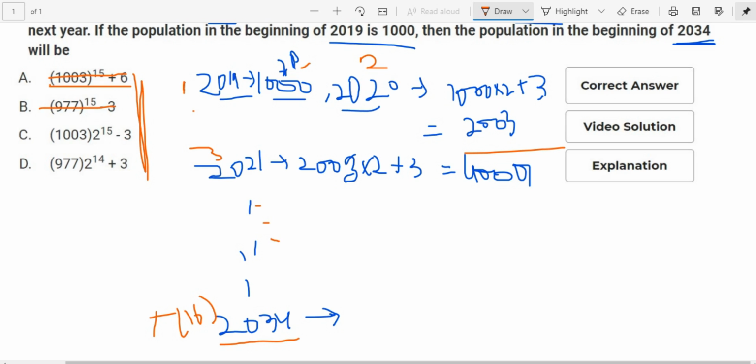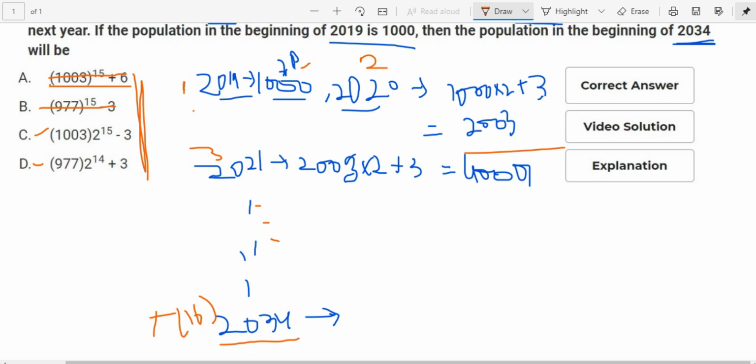So it might be option C or D, from these two options, option 1 may be the correct one, isn't it? Now here we understand.